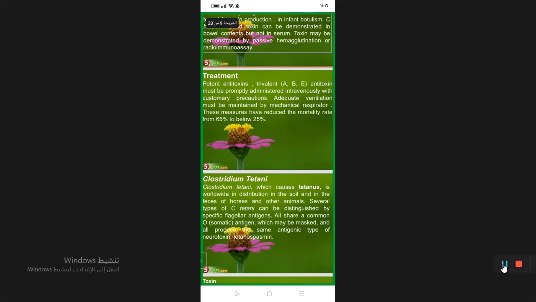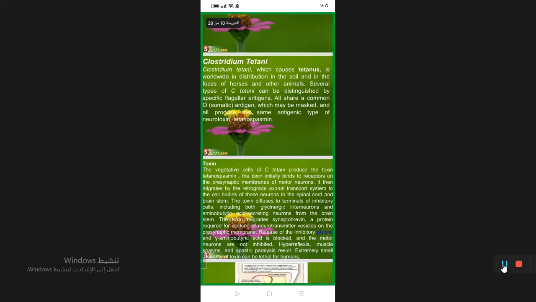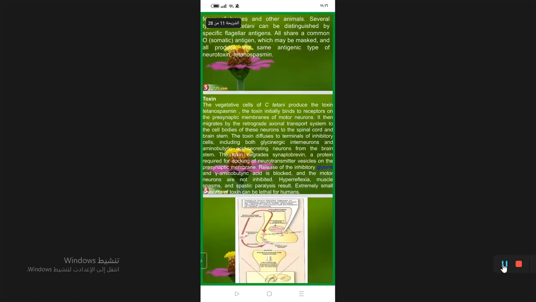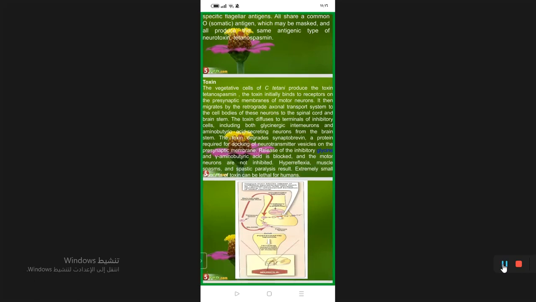Now the toxin and its action. Vegetative cells of Clostridium tetani produce the toxin, tetanospasmin, which initially binds to receptors on the presynaptic membrane of motor neurons. Then it migrates by the retrograde axonal transport system to the cell body of this neuron in the spinal cord and the brainstem.